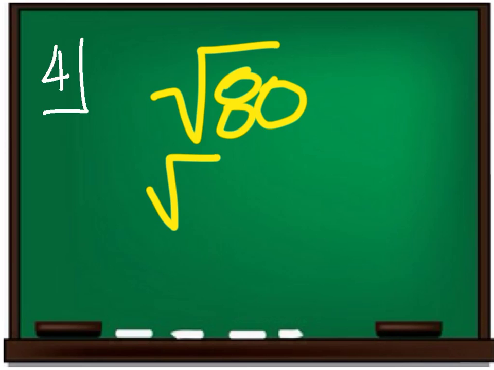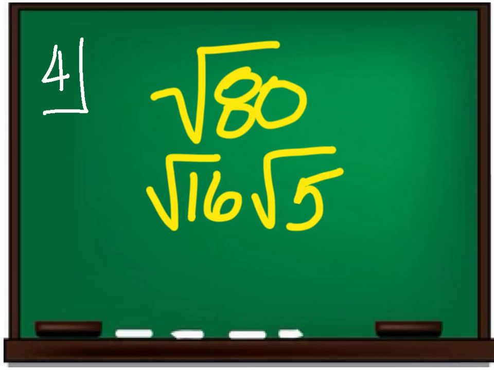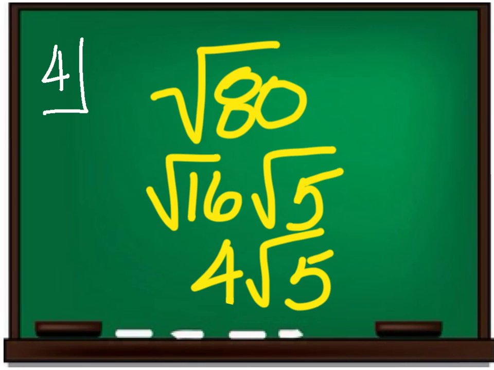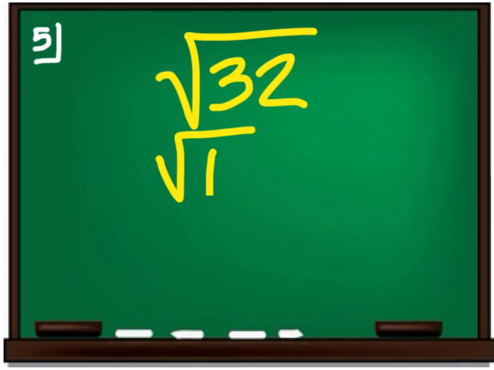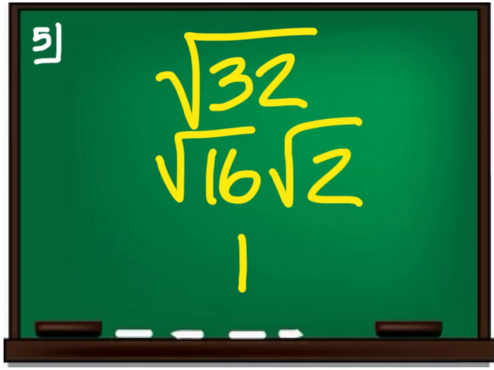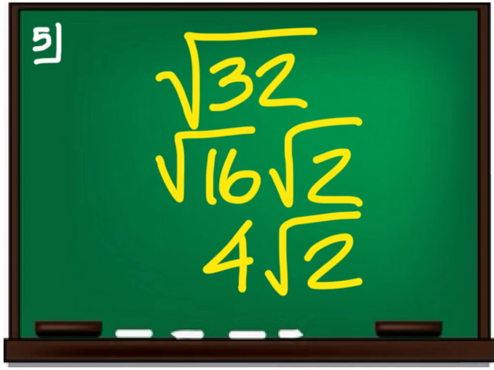This one breaks up as square root of 16 square root of 5, 4 square root of 5. Alright. Square root of 16 square root of 2 is 4 square root of 2.